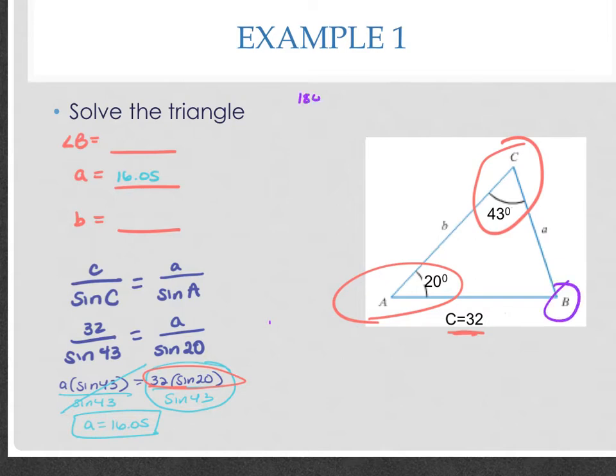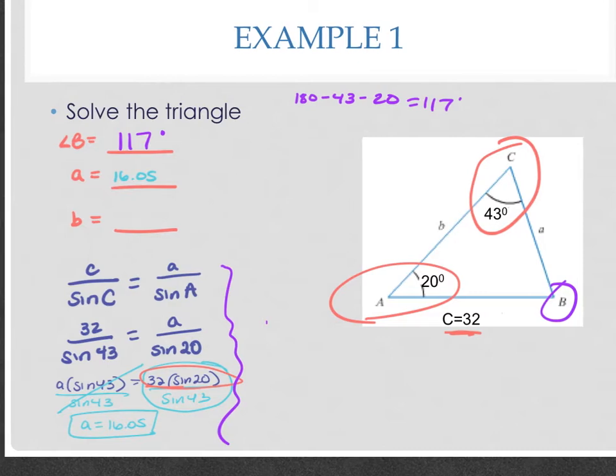So 180 minus 43 minus 20, or 180 minus 63, is 117. So now I've got angle B. Now I can set up the ratio using c over sine of C, so 32 over sine of 43 equals side b, my unknown, over the sine of 117.